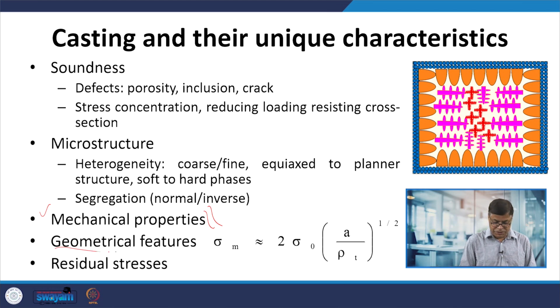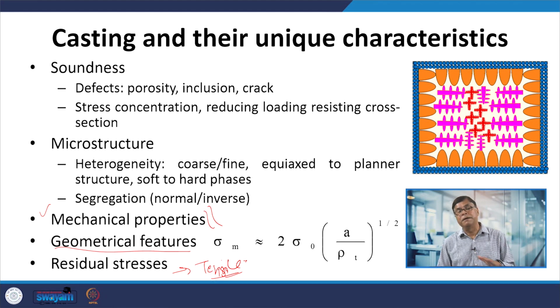Similarly, the geometrical features: castings may experience distortion or difficulty in achieving the desired geometry or shape. Certain metals of higher thermal expansion coefficient experience greater residual stresses. If these residual stresses are tensile in nature, then they adversely affect the performance of the casting, especially under tension or under fatigue conditions.